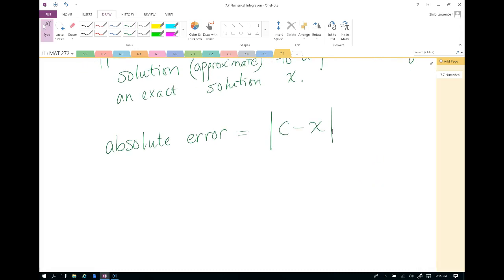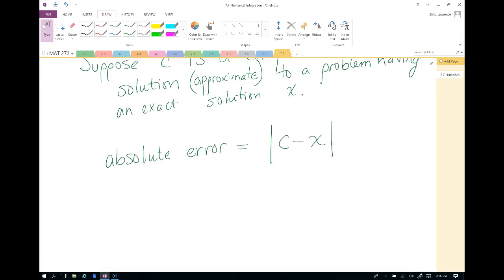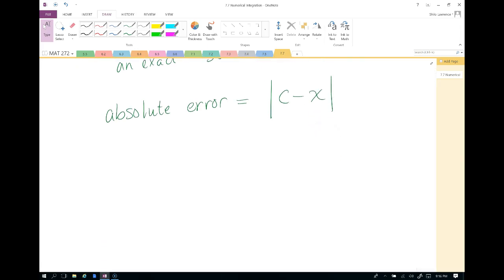The other really important one: sometimes absolute error does not tell the whole story. So this absolute error can come out to be 1,000. And you can think, oh my gosh, I'm off by 1,000. That is huge. I've done something completely wrong. But that might not be the case. Absolute error doesn't always tell the whole story.